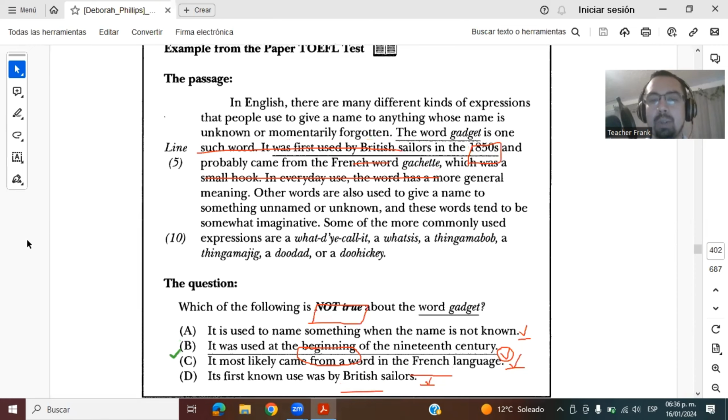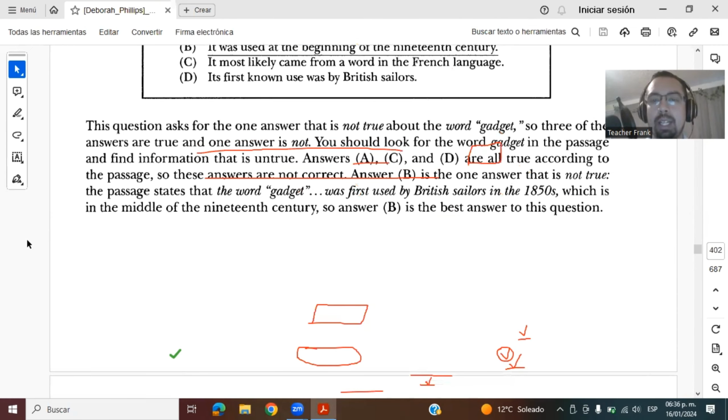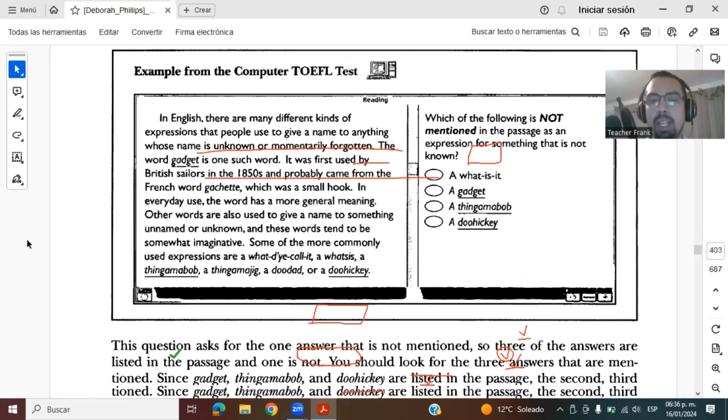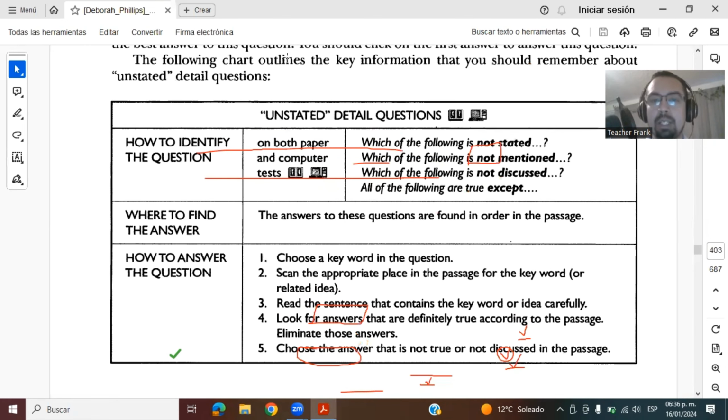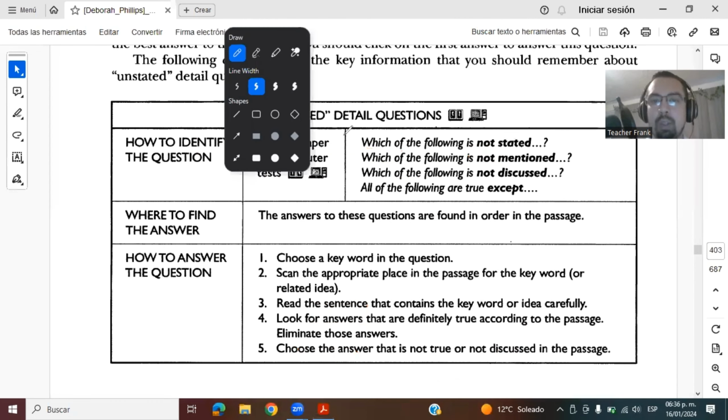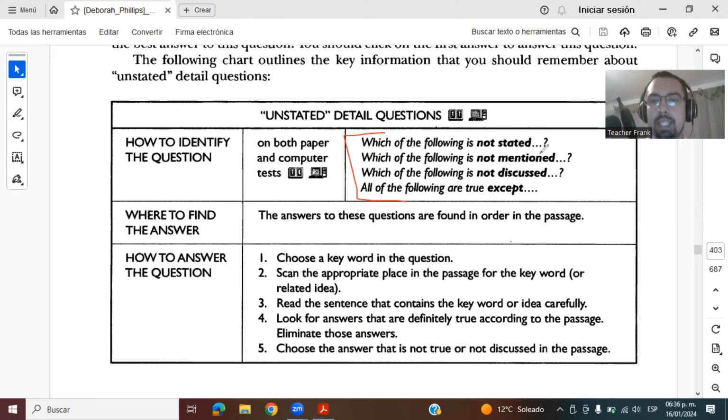Okay, so next we're going to go with the explanation, which states what type of questions we're going to see. For example, the type of question could appear like this: which of the following is not stated, not mentioned, not discussed, or all of the following are true except this one, right? The answers to these questions are generally found in order, which means the first ones you're going to see first, then the last ones you're going to see last, right?